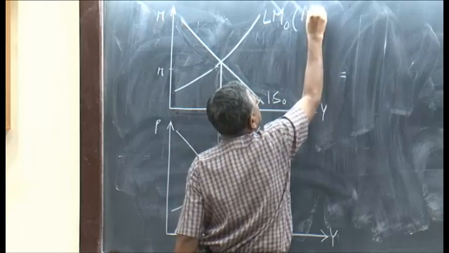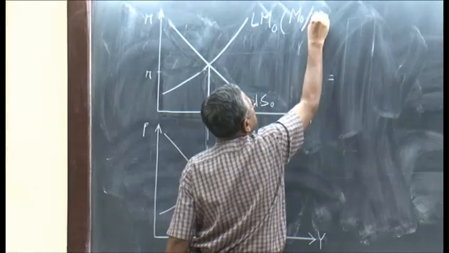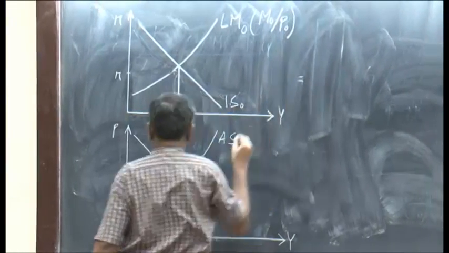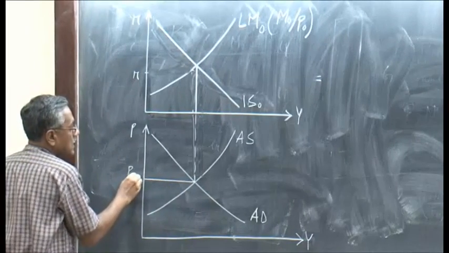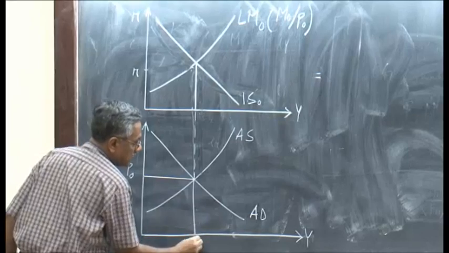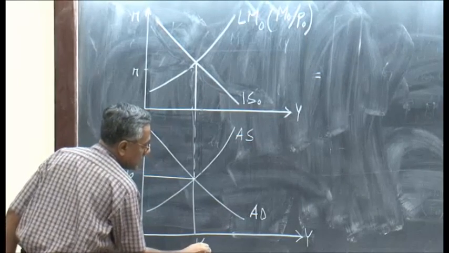LM has a money supply and a price initially, say P naught. That means this is the price P naught and this is the output level in the economy which is demanded and supplied, Y naught.